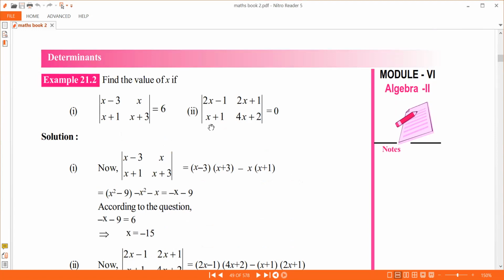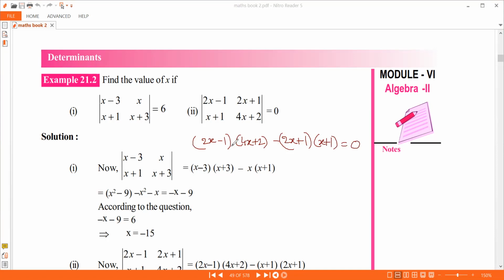This asks to solve for x. 2x minus 1, 2x plus 1. So it becomes (2x minus 1) into (4x plus 2), minus (4x plus 2)(2x plus 1) multiplied by (x plus 1). This should be equated to 0.